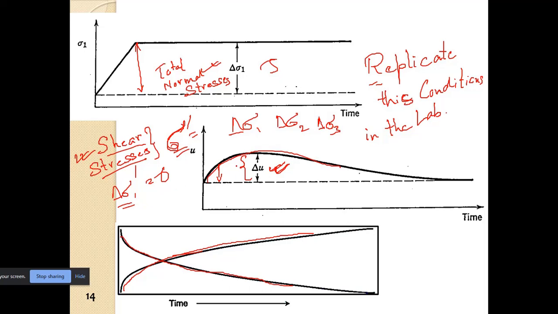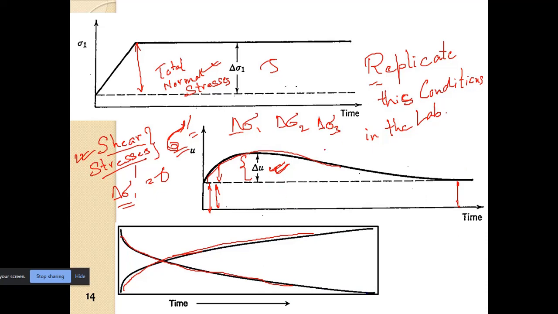that is, in a very short span of time, can there be a failure in the soil? And what will happen when the consolidation has occurred, when the excess pore water pressure has dissipated? What will be the condition then?